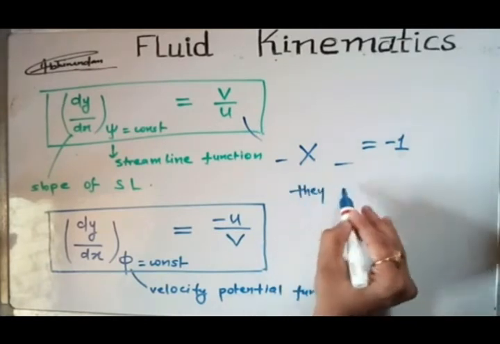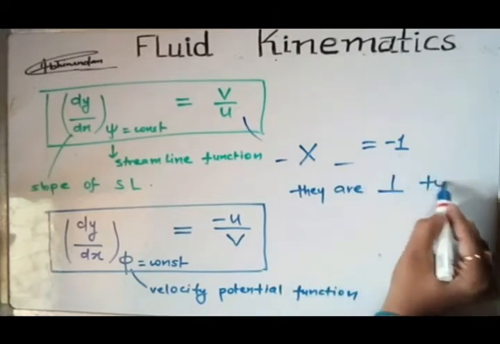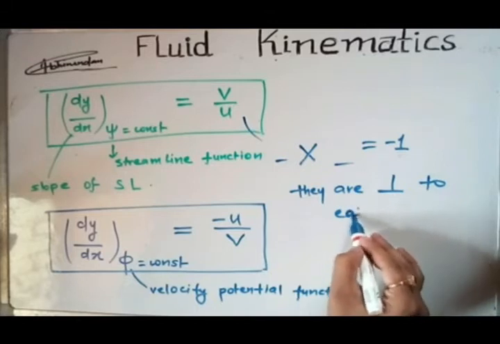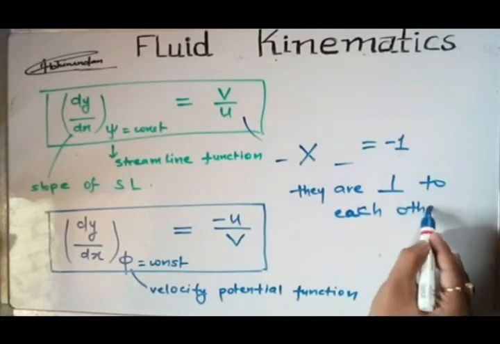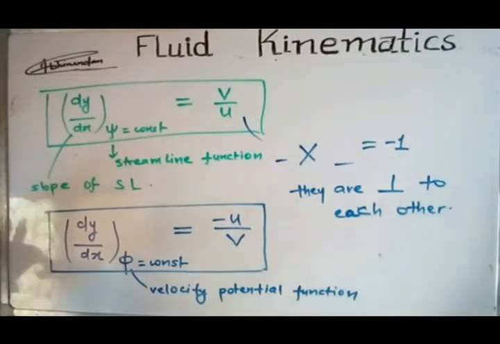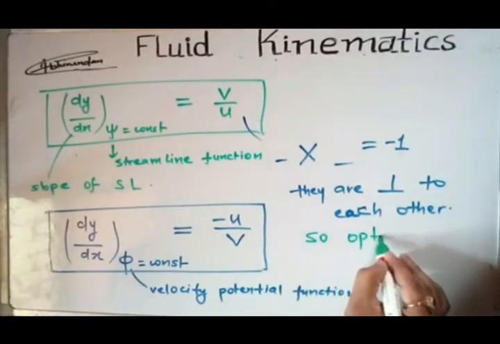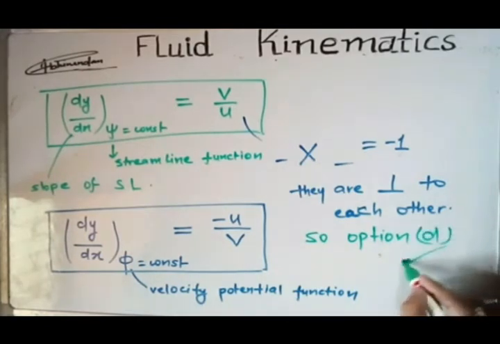So we come to the conclusion that they are perpendicular to each other. If the multiplication of their slopes comes out minus 1, they are perpendicular to each other. So as per our options, this is indicated by option B.